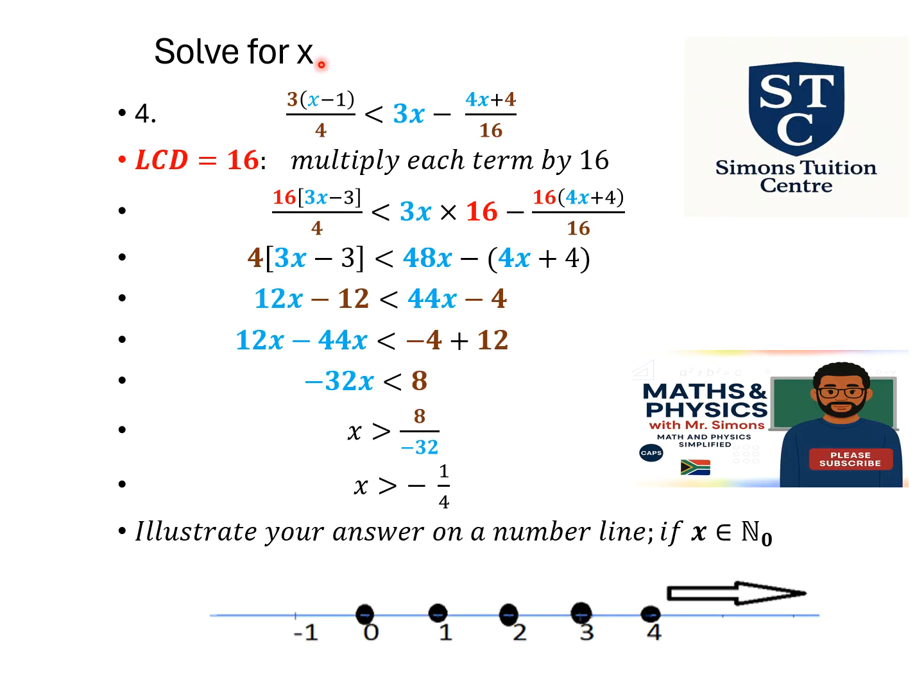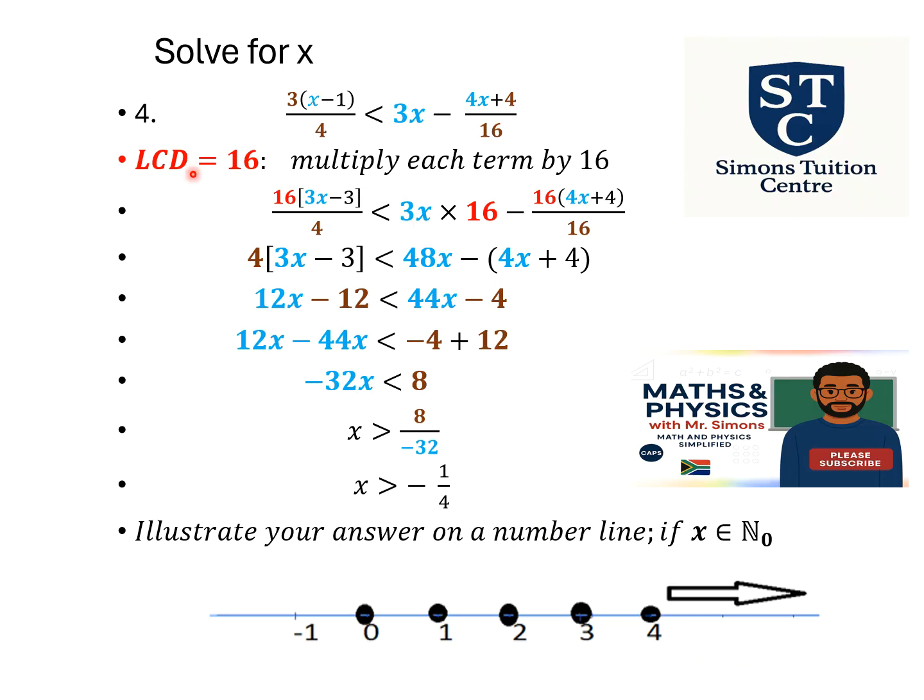Right, solve for x. So given to us 3 times x minus 1 over 4 less than 3x minus 4x plus 4 over 16. Alright, so my lowest common denominator, meaning the denominators at the bottom here, 16, or I must mark as one person has commented, lowest common multiple.